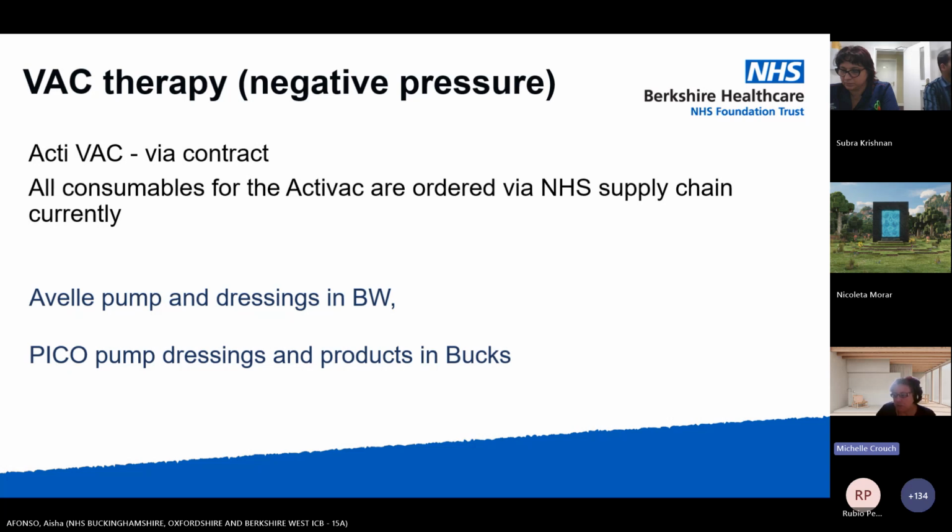And the VAC consumables will be available via Formulary, but these are for TVN or wound care nurse ordering only. As with the Avel pump or Pico pump, and so Pico will remain in Bucks and Avel will remain in Berkshire West. Oxford don't have an alternative to the VAC.